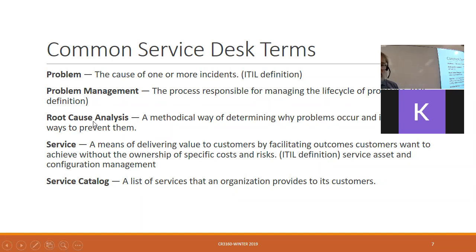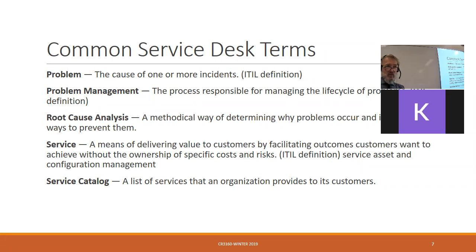To help us do that, we have this concept of root cause analysis, which we might have mentioned also in CR1260. The idea is that you might see an incident occur, which is some kind of outage. That's the symptom of the problem. Then you do a little bit of analysis to find out, well, why did that happen?